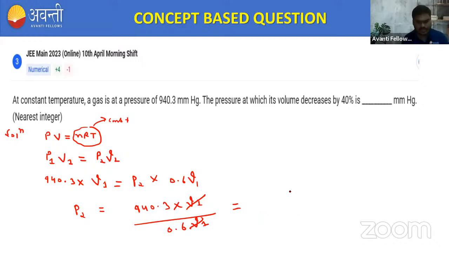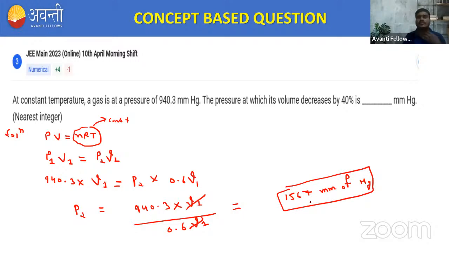So you get to know that value comes out to be 1567 mm of Hg. So this is the correct value. So in the nearest integer we can write it 1567. ठीक है, so 1567 mm of Hg is the correct answer for this question.